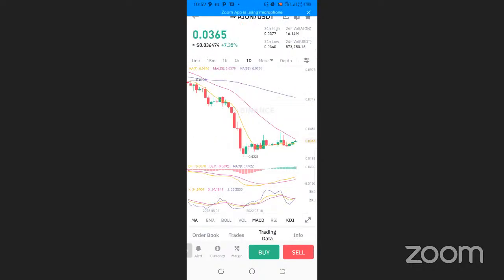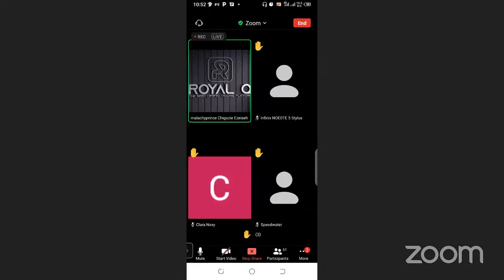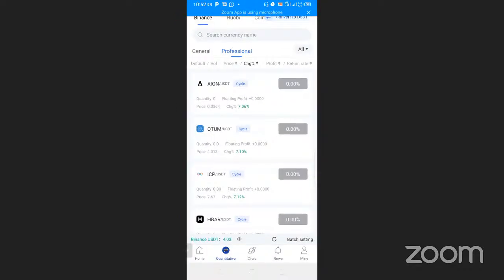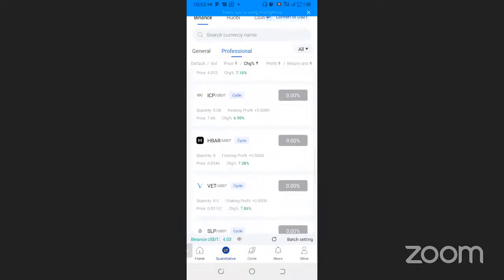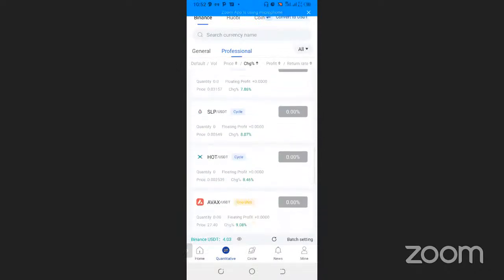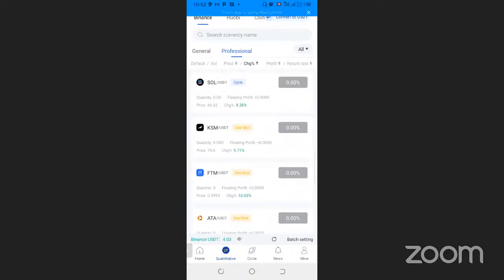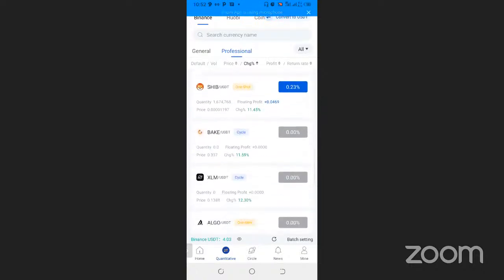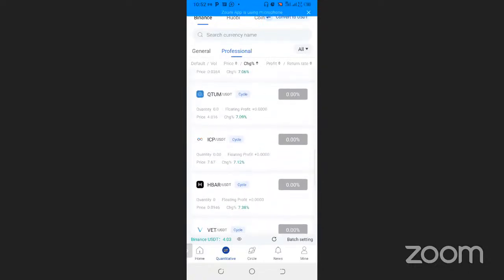Well, we need to be patient. Let us wait at the moment because I have not seen a good signal now that can give us exactly what we are talking about. All the coins are going down at the moment.